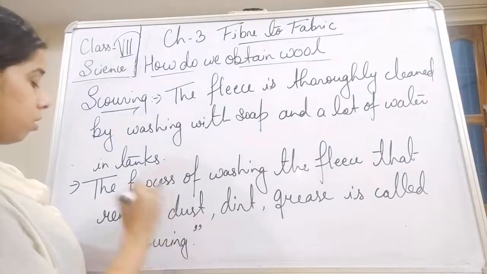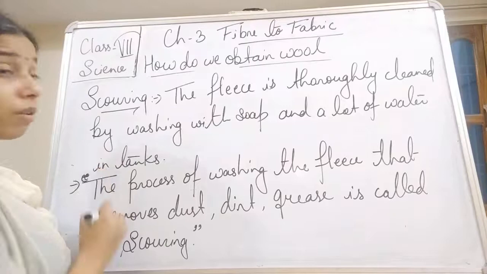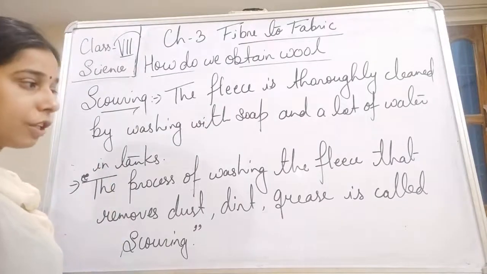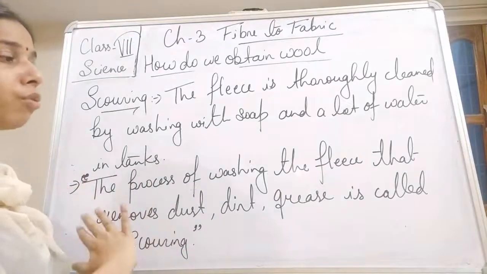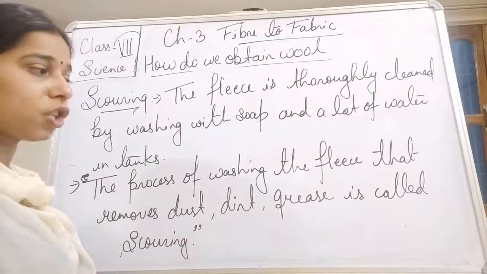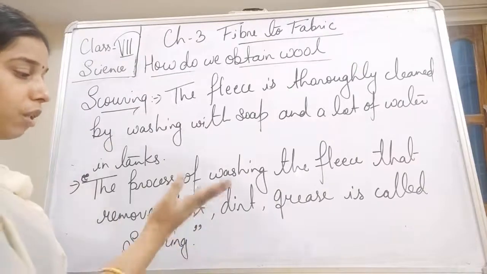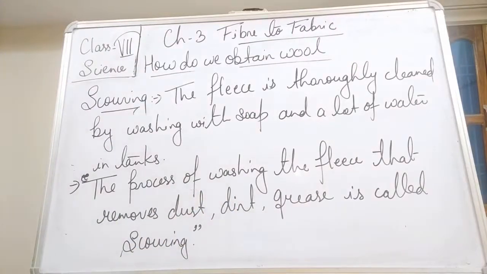Okay, so this is the next method after shearing, in which we take the fleece and wash it thoroughly in order to remove the dust and the grease from it.